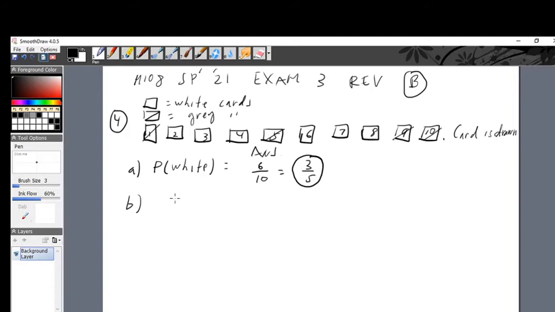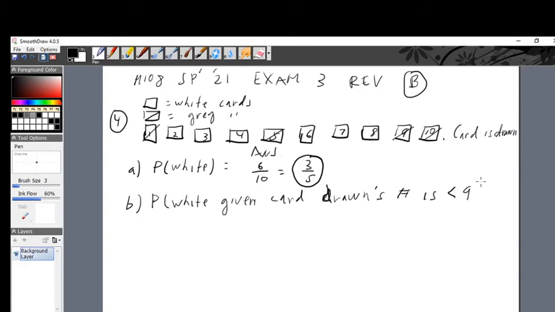Question B, 4B. What's the probability of getting a white card, but given, here's that famous word, given that the card drawn, you already know some inside information about this card, that the card drawn's number is less than 9.